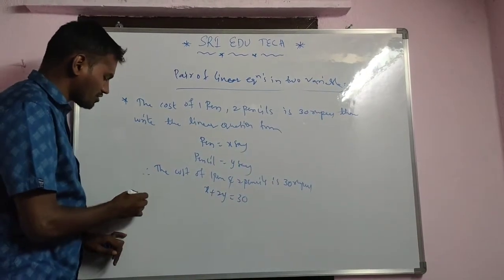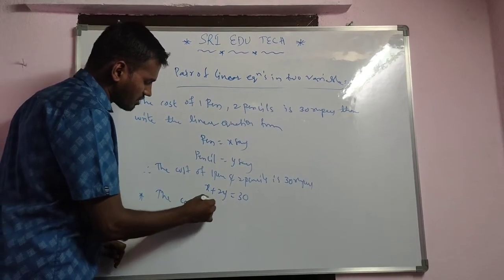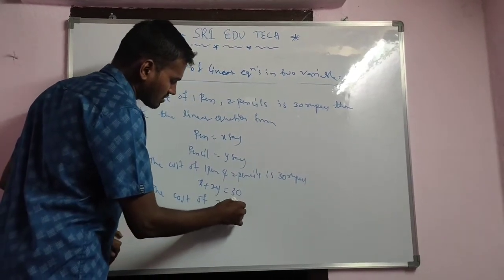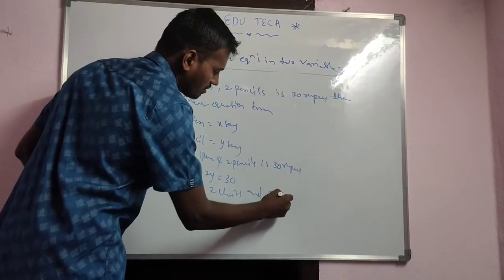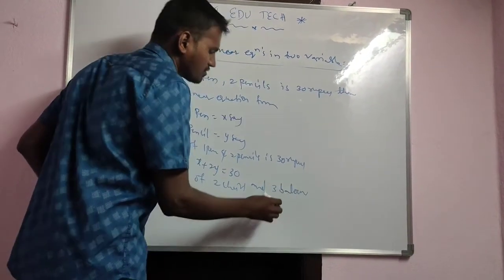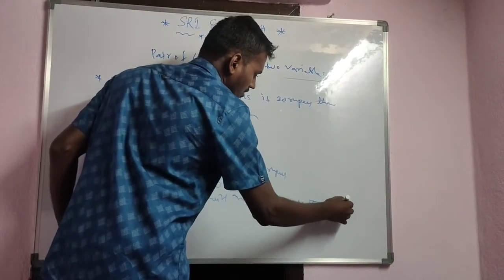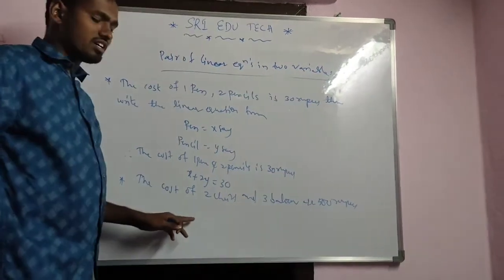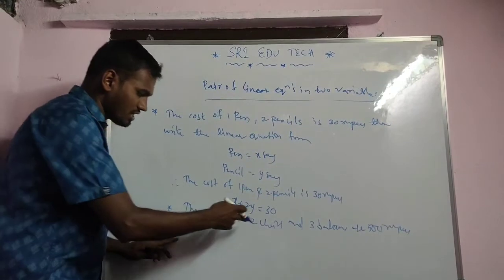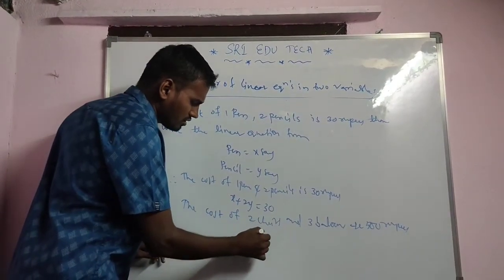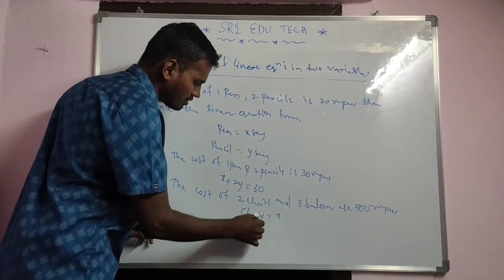Let's see one more question. The cost of 2 chairs and 3 balloons is 500 rupees. Then write the statement in linear equation form. That's simple. Chairs is equal to x and balloons is equal to y.